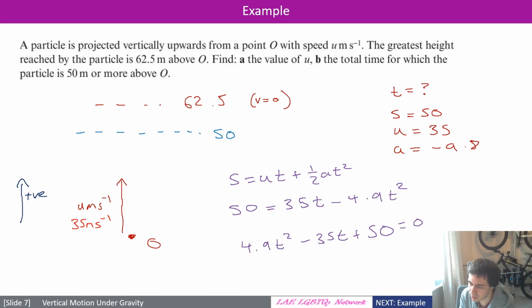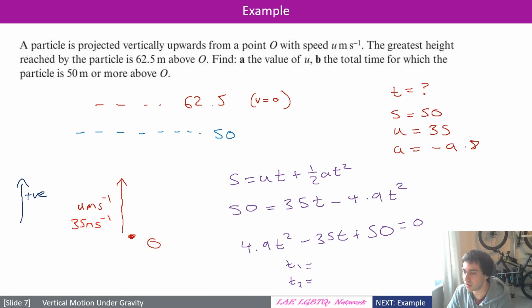Yes, that's it. So then it's just a quadratic. It's not a nice one, so you can either use the quadratic formula or a calculator. Solving the quadratic isn't the skill we're interested in learning today; we should know how to do that. You're going to get two t values.